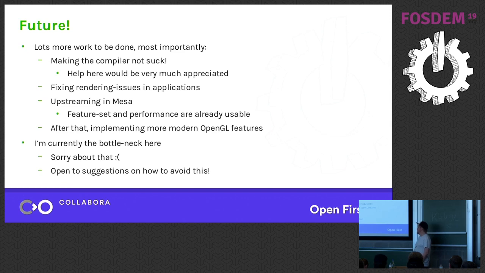Then it's fixing rendering issues in applications and upstreaming in Mesa, and after that cracking away on the newer OpenGL versions. Currently, I'm the bottleneck here, and I'm really sorry about that. For anyone who wants to contribute, I would be very willing to have a discussion on fixing that somehow.